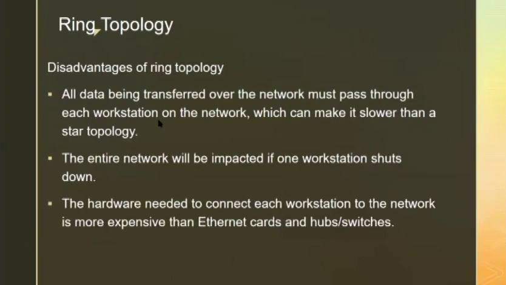So we move to the disadvantages. All data being transferred over the network must pass through each workstation on the network, which can make it slower than the star topology.